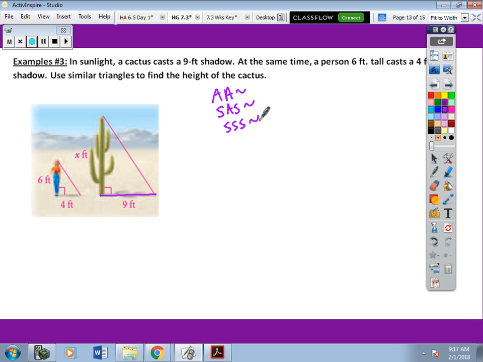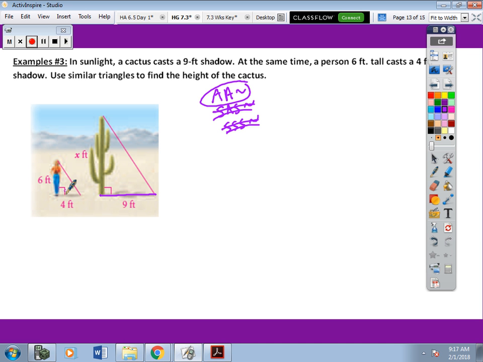Which of those 3 reasons? Be careful. It is angle-angle. Okay? It cannot be side-angle-side because you don't know what this side is. Definitely can't be side-side-side because we don't know all 3 sides. Now, you're like, Mrs. Bennett, there's only one angle marked. But why would it be angle-angle, Jeremiah?